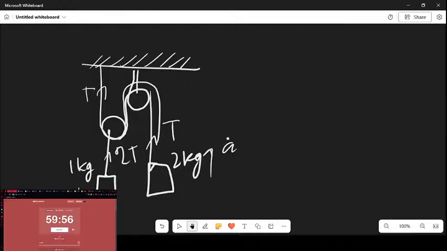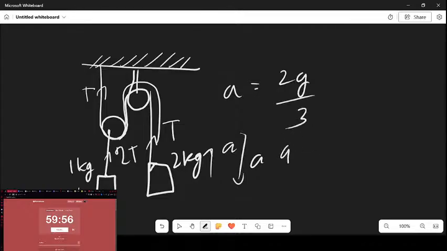You multiply by minus 4, and here g minus 2T is a by 2, and add, it's going to become minus 3g, and this is going to become 9a by 2, so a is minus 2g by 3. It's minus because it means that it's actually going to move downward at an acceleration a, and that acceleration is 2g by 3, and the acceleration of block B will be equal to g by 3.